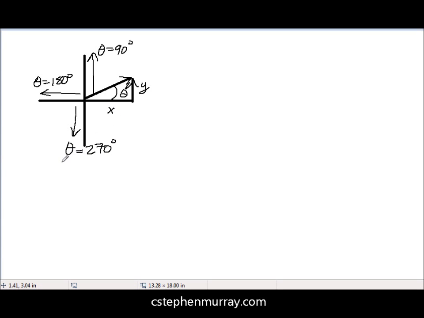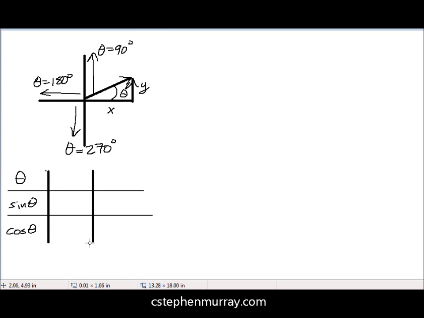So let's write down a few things that we have here. This is going to be theta, then I'm going to have sine of theta and cosine of theta. Make our nice little grid here so that we can graph this in a little bit.